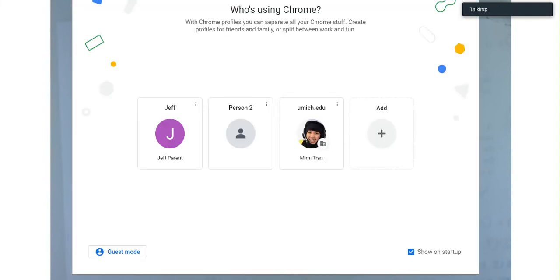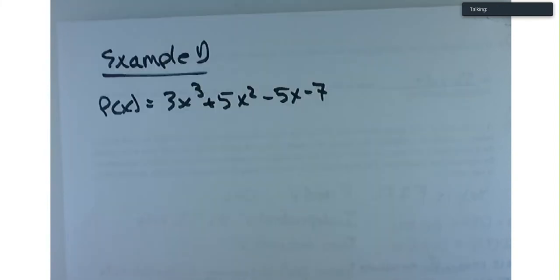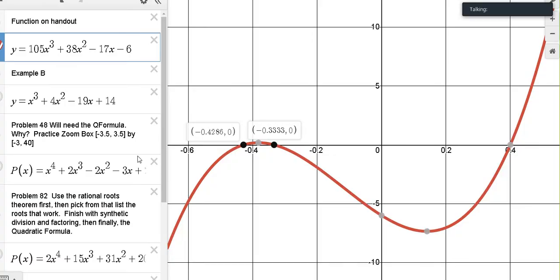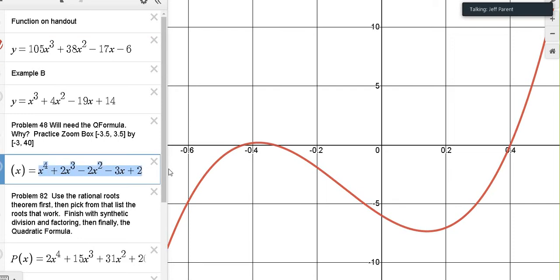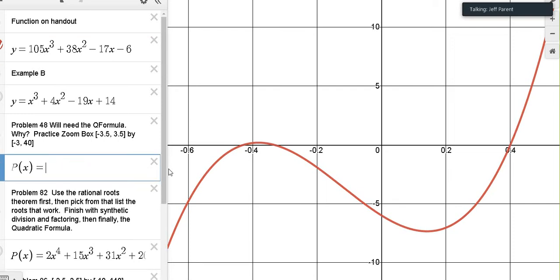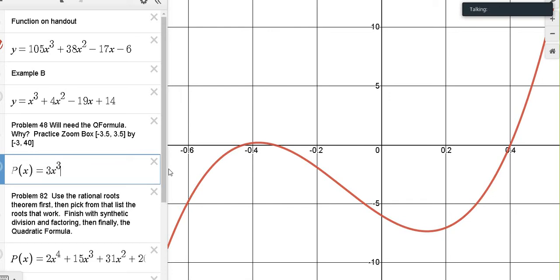Wrong one. Here. So let me just cannibalize this one and type in the function. 3x cubed plus 5x squared. Now, if we get lucky and we can determine what the root is, then great.